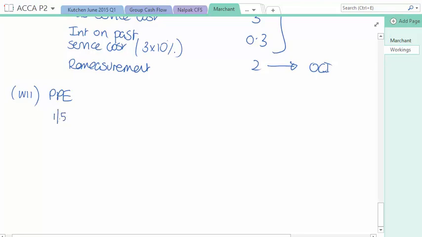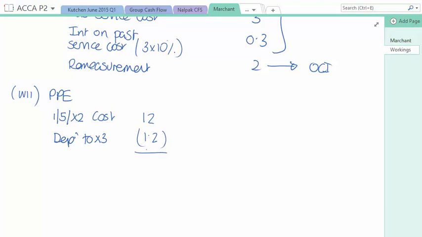So on the 1st of May X2 cost 12 million. We then have depreciation to X3 of 1.2, so that takes us down to a figure of 10.8.